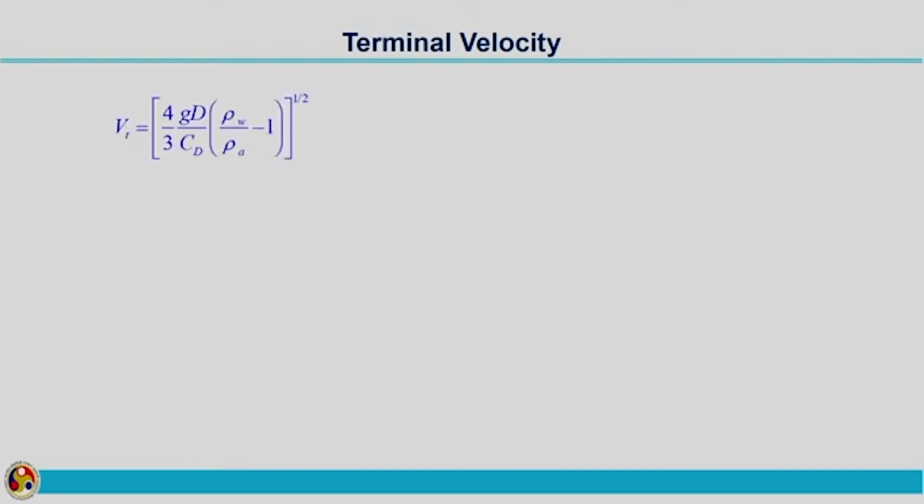Now, let us look at the expression carefully. We have Vt on the left hand side, and the diameter of the raindrop and Cd, the coefficient of drag, on the right hand side. So, you can understand that Vt is directly proportional to the diameter of the particle, because d is in the numerator. And when you look at Cd, Vt is inversely proportional to Cd, or directly proportional to 1 by Cd.